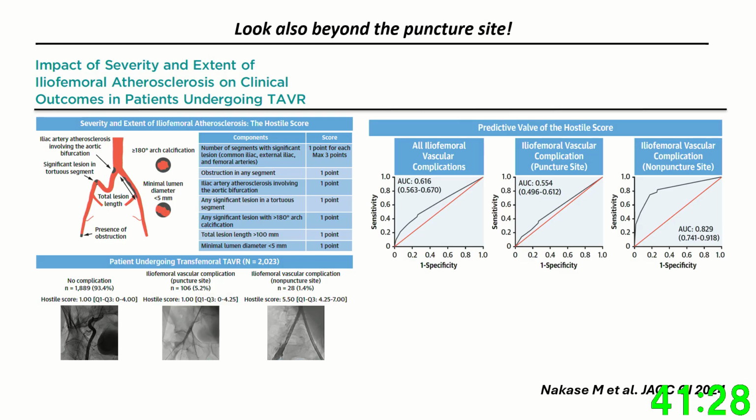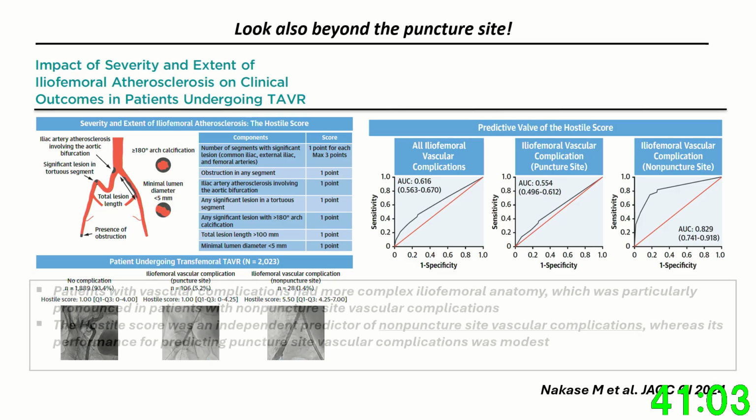Every time you add 1 point to this score, and if it's high, it will be a predictor of complication not at the level of the puncture site, but above the puncture site. And if you create a complication at the level of the iliac artery, it can be even more dangerous than at the level of the puncture site. So be aware to have a good target zone, but also be aware of what you have beyond the puncture site.